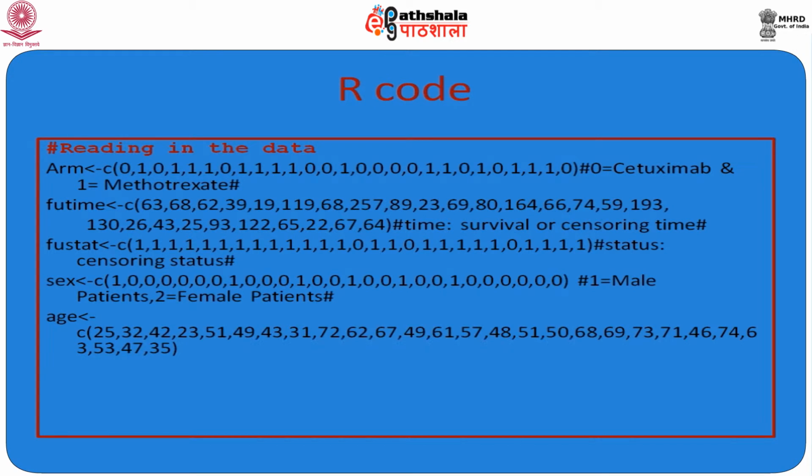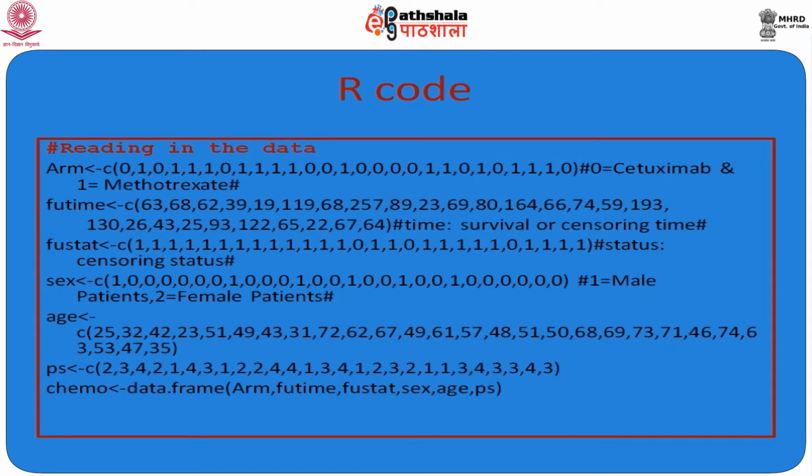The ages of these patients are considered as 25 years, 32 years, 42 years, 23 years, like that. And the PS status is considered as 2, 3, 4, 2, 1, 4, 3 for each patient. And chemo is assigned as the variable name for FU time, FU stat, sex, age and PS, through the function called data.frame.